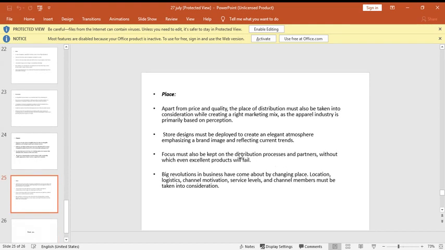Then the last one is place. Apart from price, quality, and the place of distribution must also be taken into consideration while creating the right marketing mix.